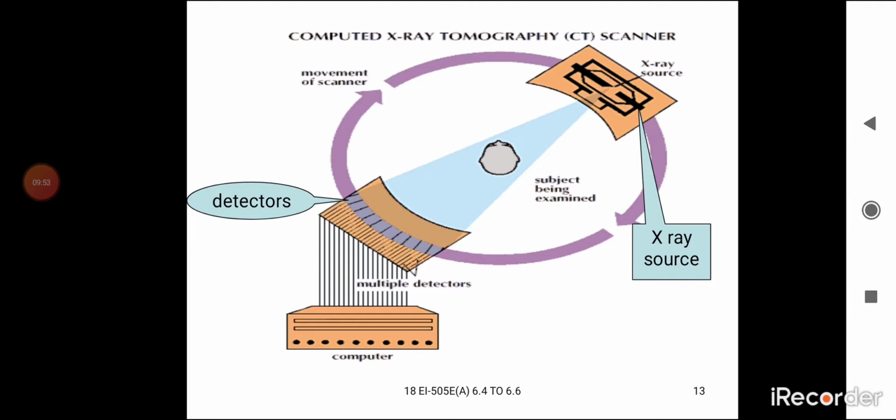The movement of the X-ray tube and detectors are always opposite in order to examine the subject or patient. The multiple detectors are connected to the computer. The movement of the scanner is rotatable, that is the gantry.